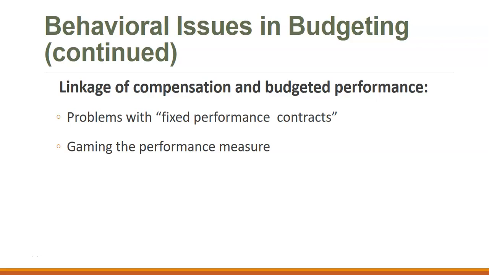So it's kind of a difficult thing: if you link manager bonuses directly to their ability to hit the budget and budget goals, then you can create other behavioral issues by creating that incentive to game the budget.